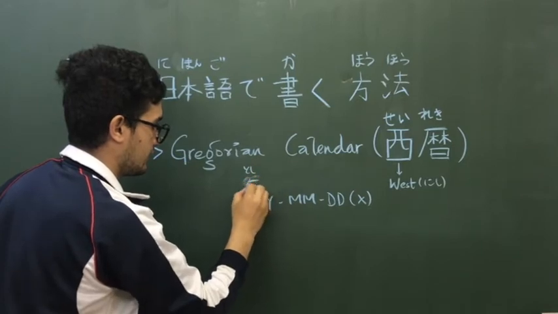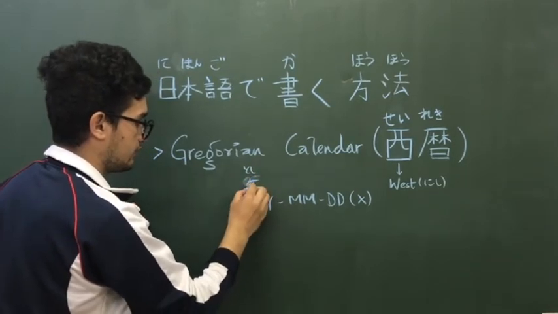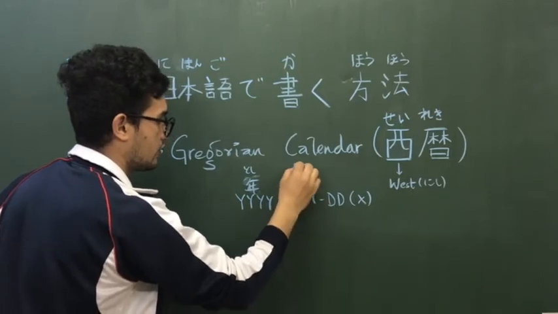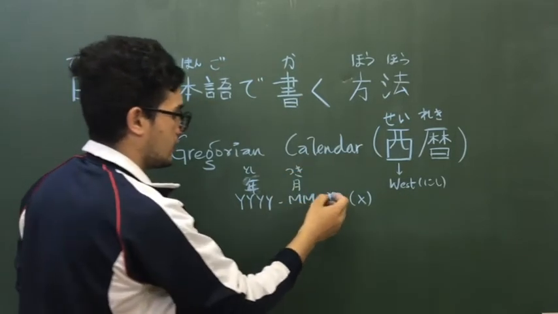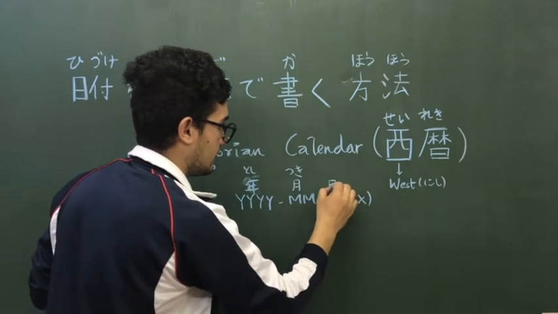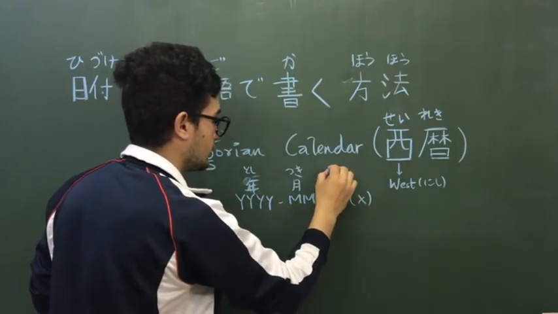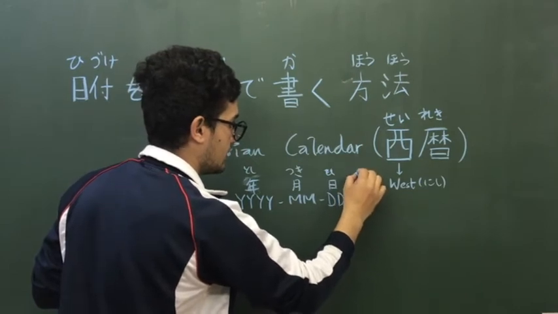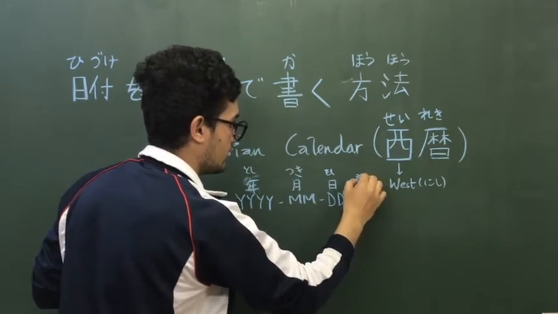This is the year. Likewise, this is the month, or Tsuki, and this is the day, which is Hi, and lastly we have the Yobi, or the days of the week.